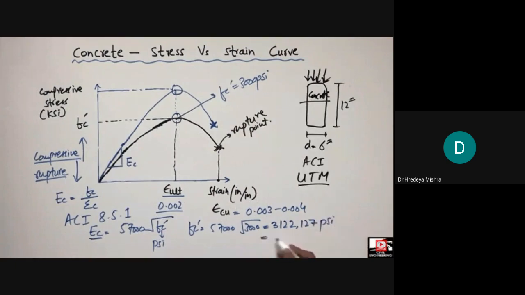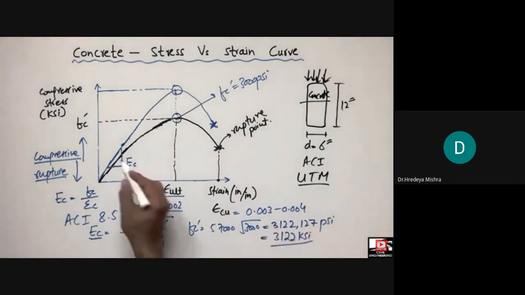Dividing this value by 1000, we can convert into ksi. So it is now 3122 ksi. This will be the elasticity for this concrete material.